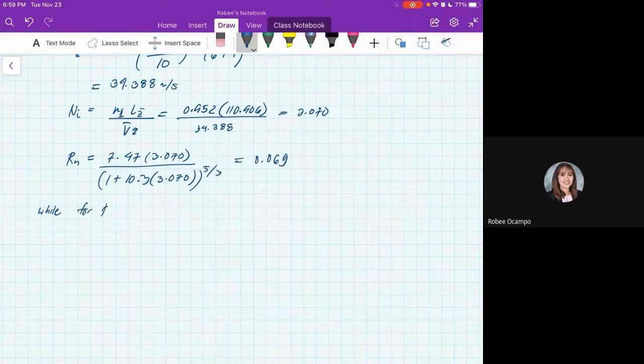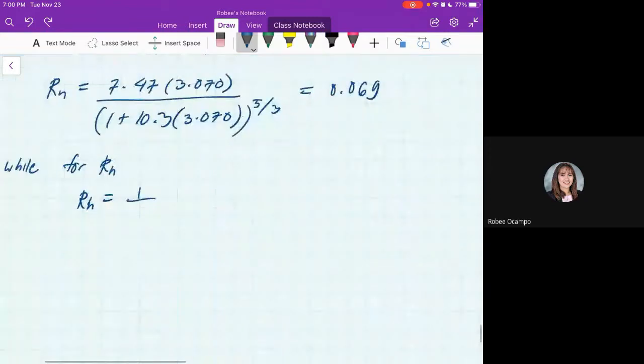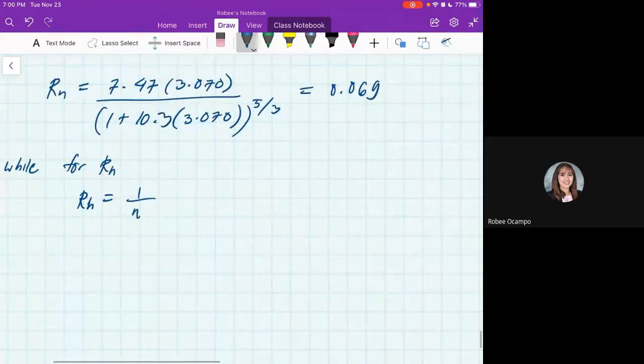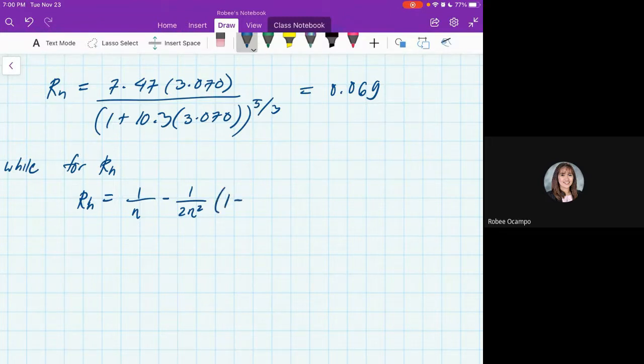for RH, our RH is 1 over nu minus 1 over 2 nu squared times 1 minus e raised to negative 2 nu, for nu greater than 0.